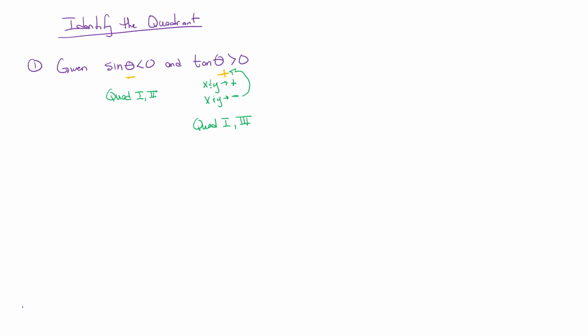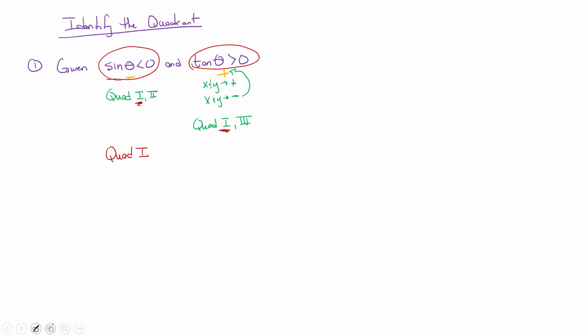Which quadrant has the sine of theta being less than 0 and the tangent of theta being greater than 0? Which quadrant has both of those requirements met? If you notice, that would have to be quadrant 1 because that's the quadrant they both have in common. Cool?